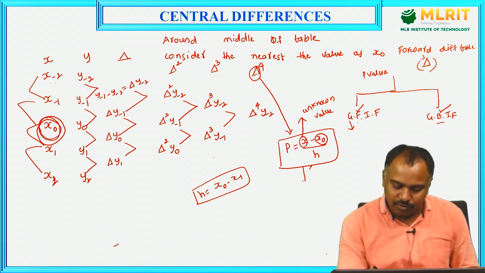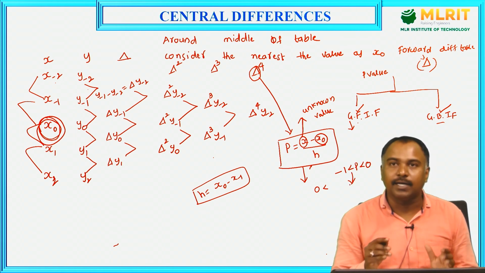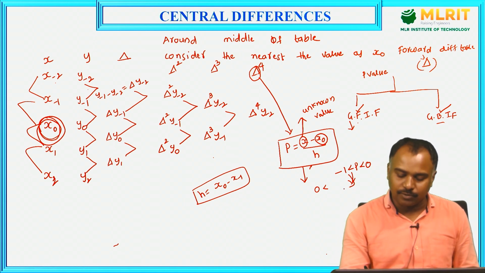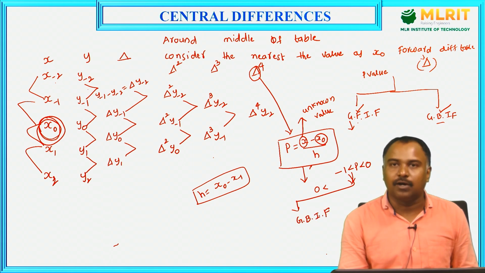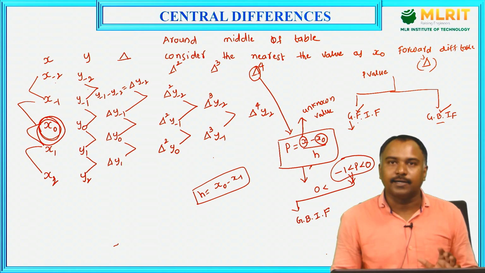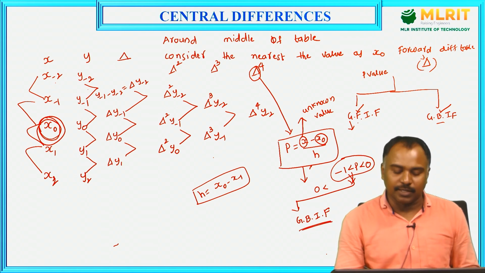Based on the p value, if the p value lies between minus 1 and 0, then we use the Gauss backward interpolation formula.